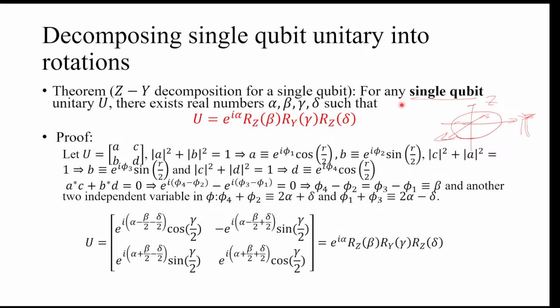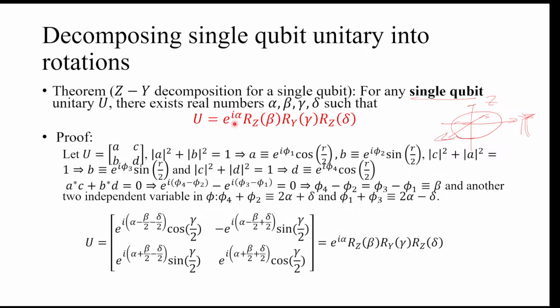The theorem says that whatever 2x2 unitary you have, you can write it as a rotation around Z with some angle, then a rotation around Y with some angle, and then another rotation around Z with another angle, plus a global phase.